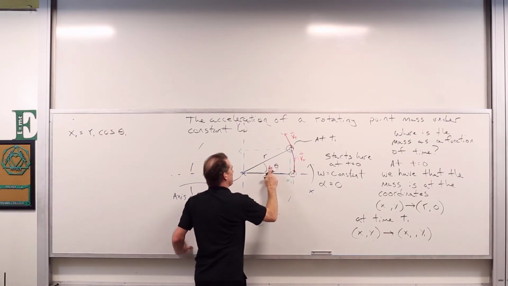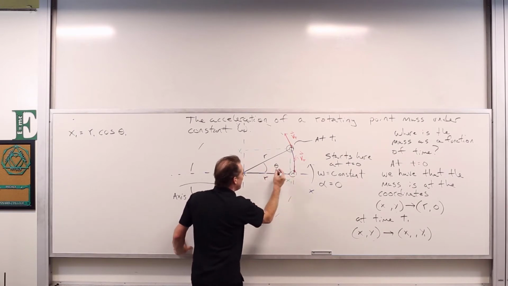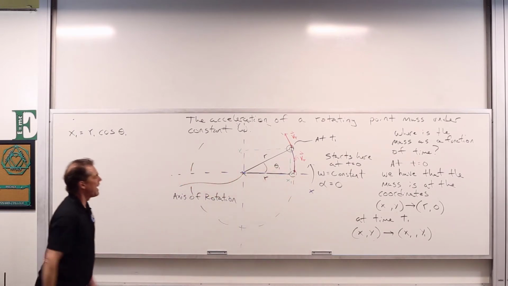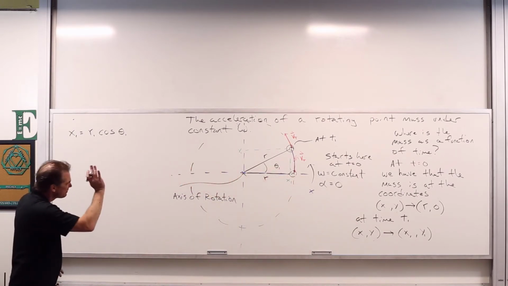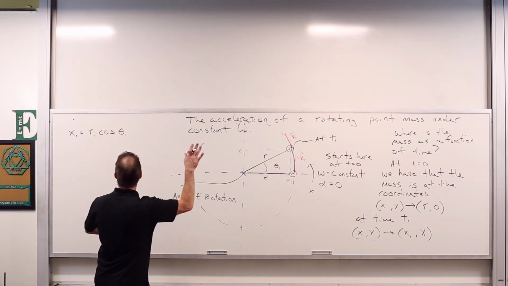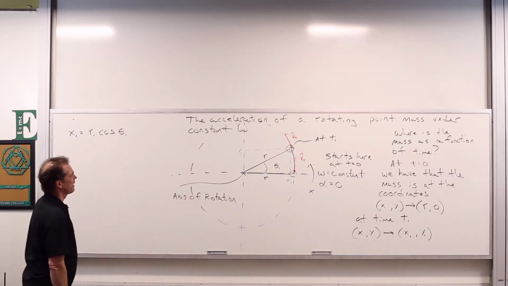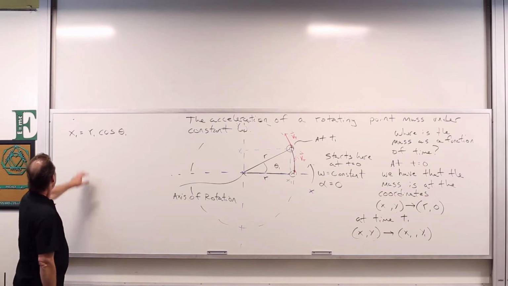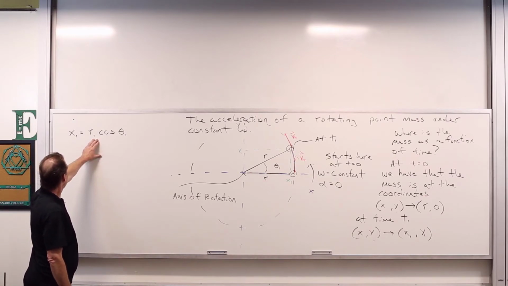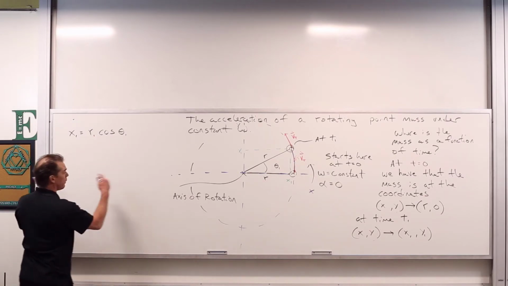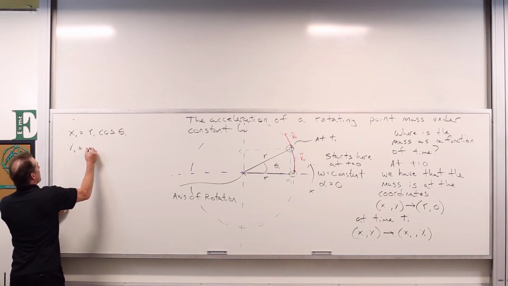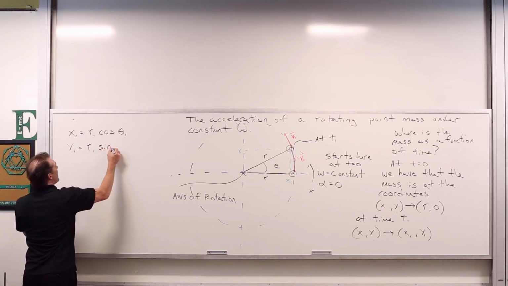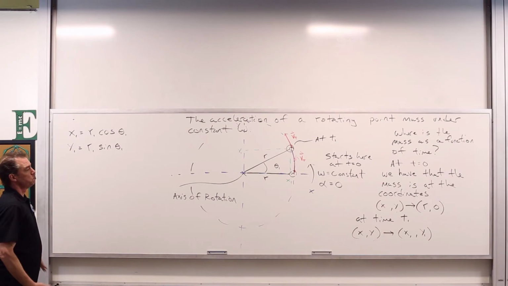I'm going to take this little delta off because we're starting at theta equal to 0 here, so theta 1 is the same thing as delta theta. Don't want to confuse things too much there. So there's what x1 is: x1 is r1 times the cosine of theta 1. What's y1? Well, y1 is going to be equal to r1 times the sine of theta 1.